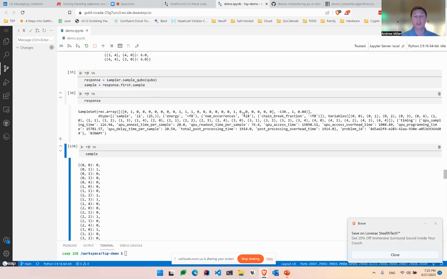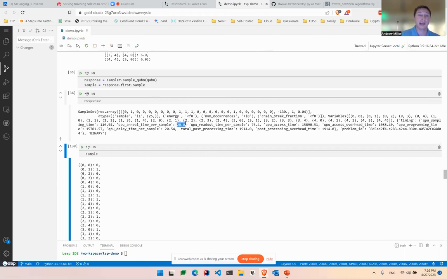And perhaps there's a way to read this. I think IBM machines also spit out a bunch of diagnostic stuff you can read, but I'm not an expert. So to me, these numbers don't mean a lot, but timing is interesting because you can see sampling time. And I assume this is not even milliseconds because it takes only 15 milliseconds to run the whole thing. So maybe it's fractions of nanoseconds. We don't know the unit, unfortunately, here.